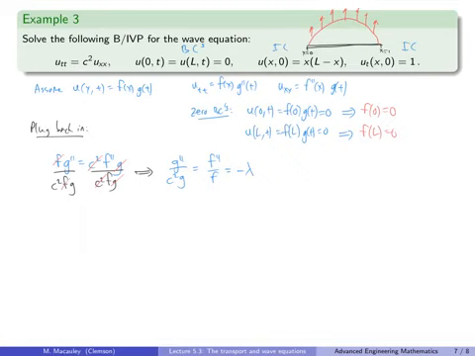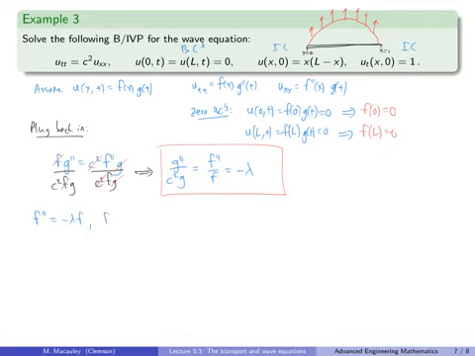Okay, so we get two differential equations. Let's write these down. So we get f double prime. Let me box this. I'm going to leave a little bit of room because I'm going to write what the lambda is equal to. So f double prime equals negative lambda f, and now we have these two boundary conditions over here.